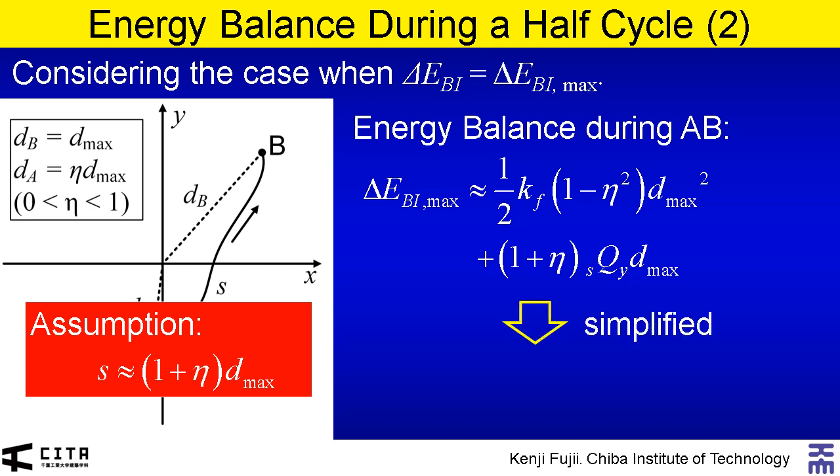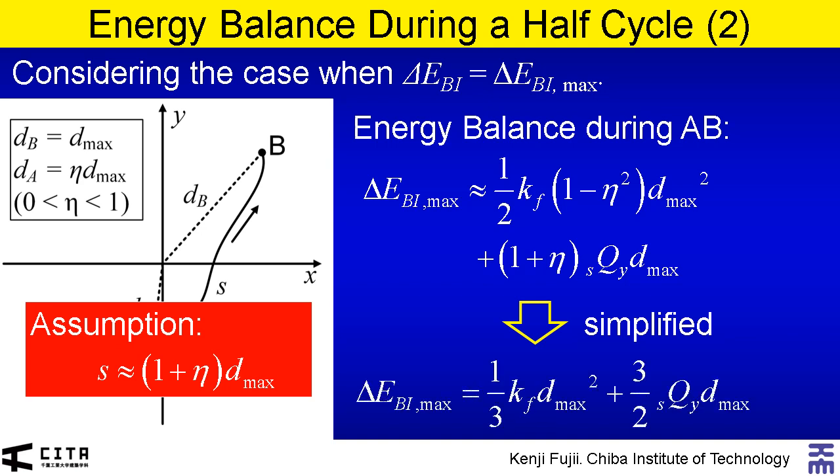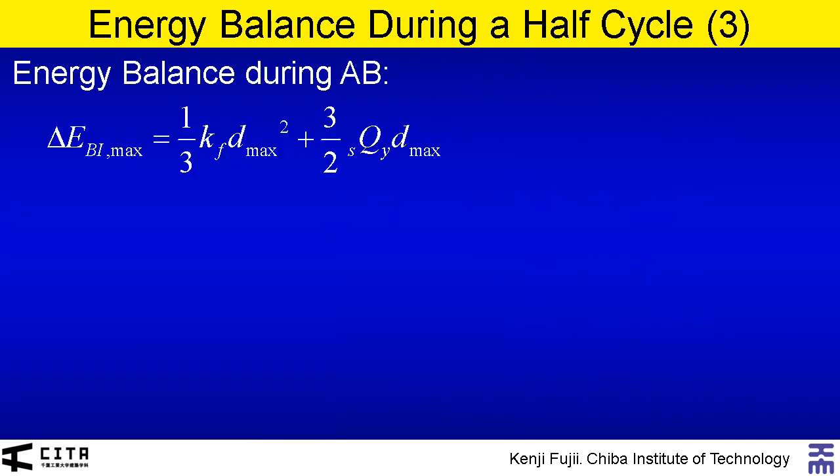For convenience, this equation is simplified by calculating the average in the range from eta equals 0 to eta equals 1. The energy balance can be simplified as shown here. The simplified equation for energy balance during AB is shown here.